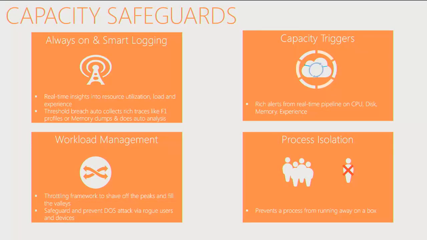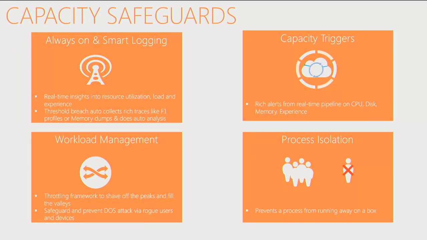It also helps us in safeguarding and preventing DOS attacks by a rogue user or a new device which comes and starts pings and syncs with the service at a very infinite rate. So throttling as well as shaving off the peaks and filling the valleys is taken care of by this workload management engine which we have. The fourth one is process isolation.